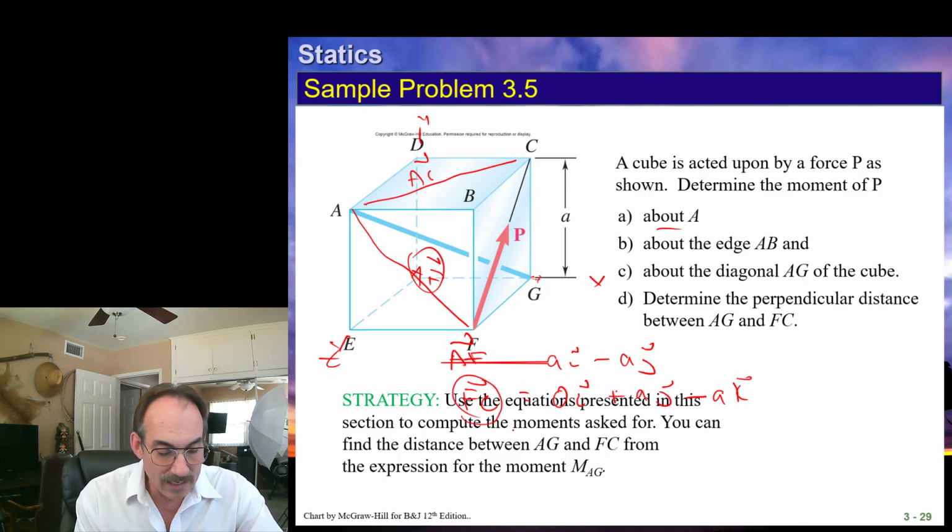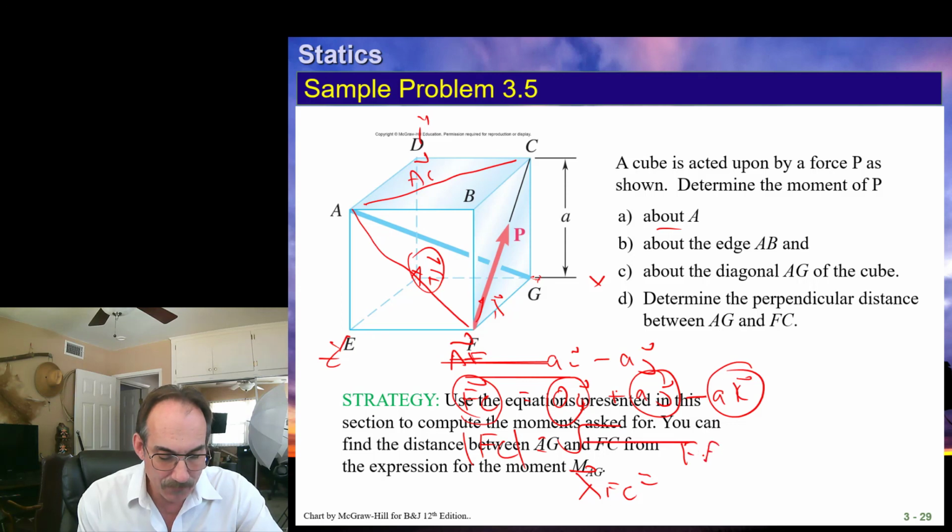Now we're going to need the unit vector along this direction, which means we calculate the magnitude of FC, which is this squared plus this squared plus this squared, the square root of all that. The unit vector along FC is going to be FC divided by the magnitude of FC. What that means is you take this magnitude and divide each of these terms by it, and that tells you what that unit vector is.